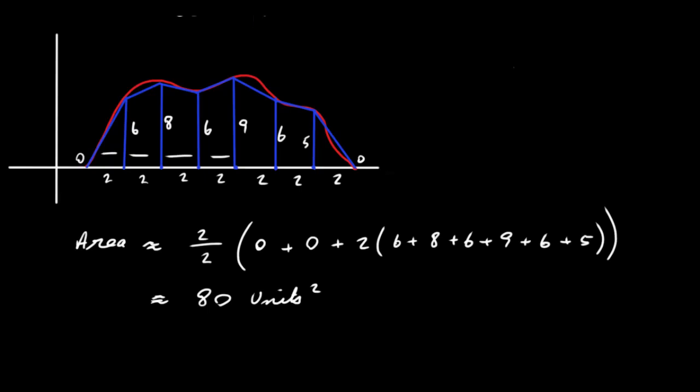Now just one last thing, if you do have one that maybe looks like this, let's say we have our x and y axis here, and let's say the curve looks something like this, and let's say it also comes down here as well, and we can divide it up into various trapezoids again.